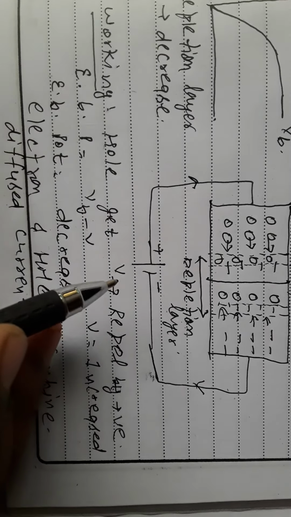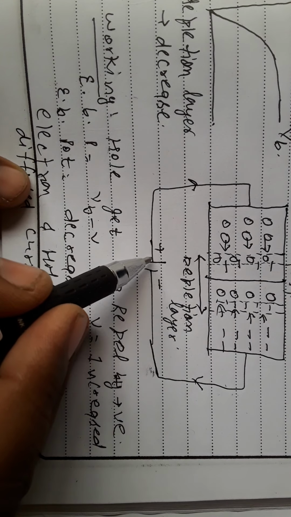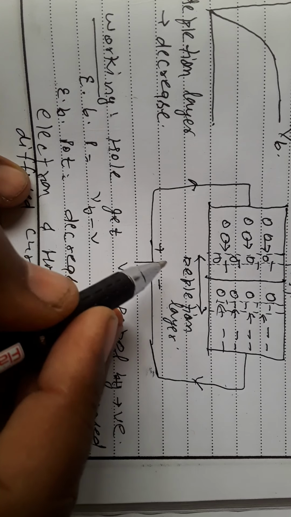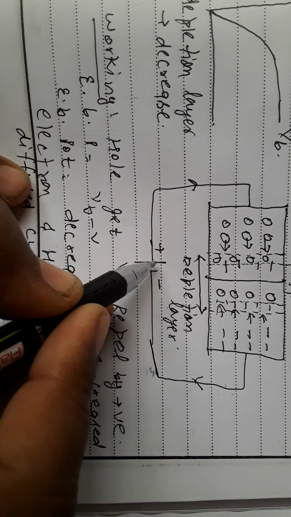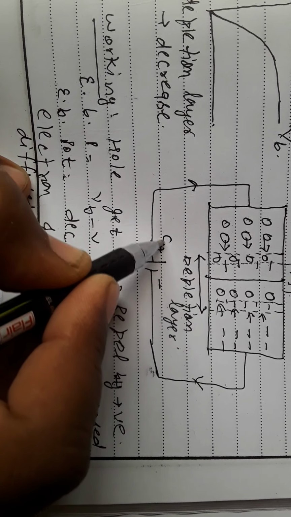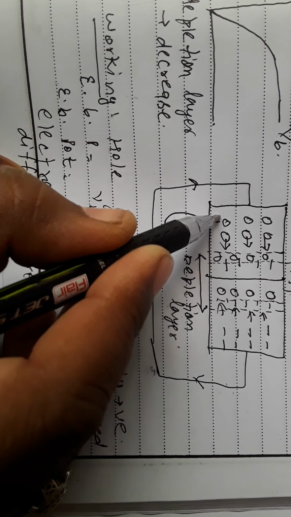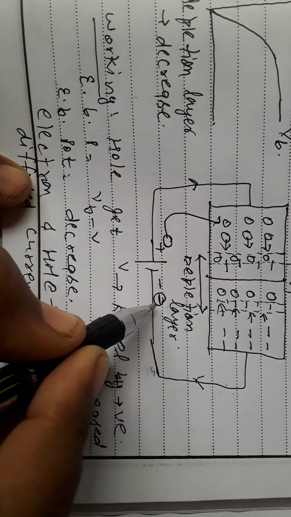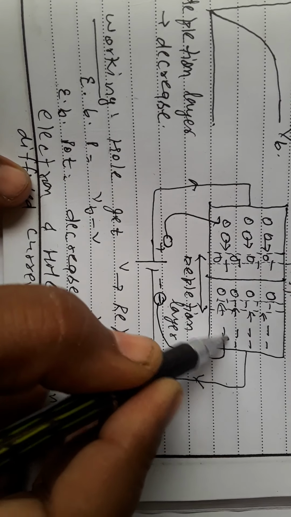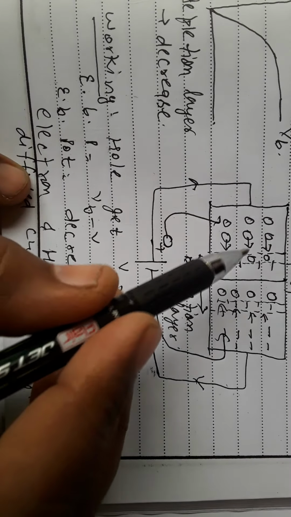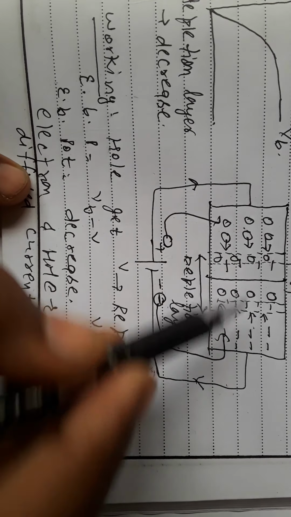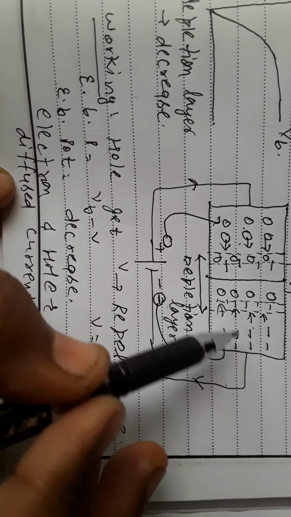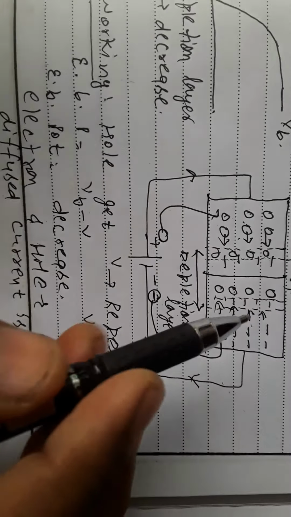At the positive terminal and the negative terminal, covalent bonds are broken. Therefore, holes from the positive terminal go into the P side, and electrons from the negative terminal go into the N side. Therefore, the concentration of holes and electrons remains constant. If the concentration of electrons and holes remains constant, then a constant current flows.